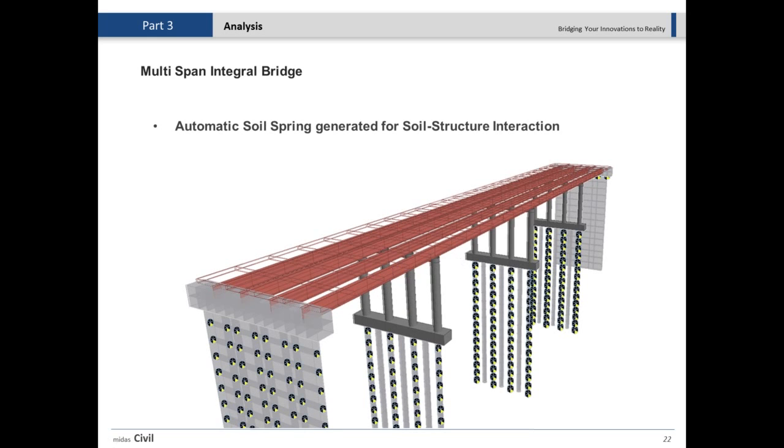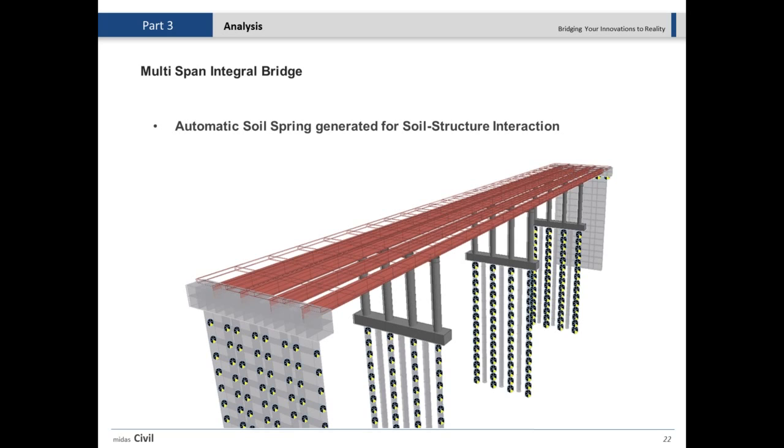Apart from the construction stage analysis, which is pretty important and critical, you may have an integral bridge. Integral bridge means your girder is integral with your abutment or with your pier. In this case, some type of load like a temperature load comes into the equation and plays an important role, so you have to consider those.